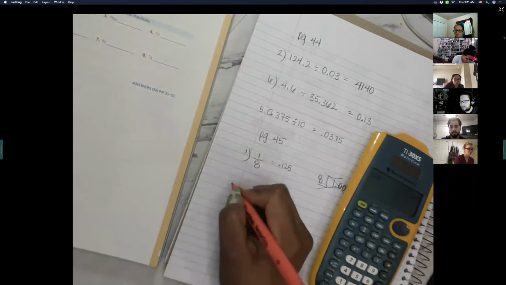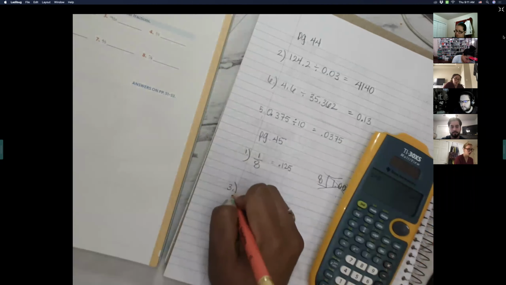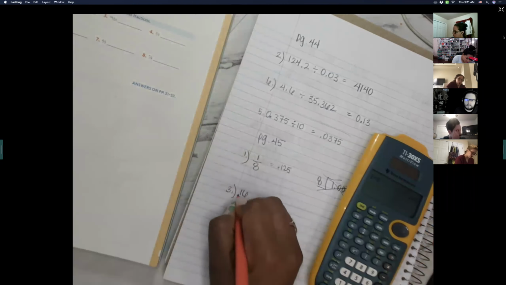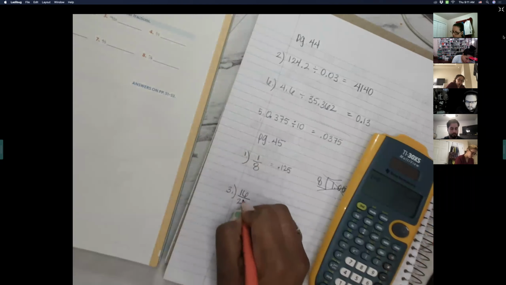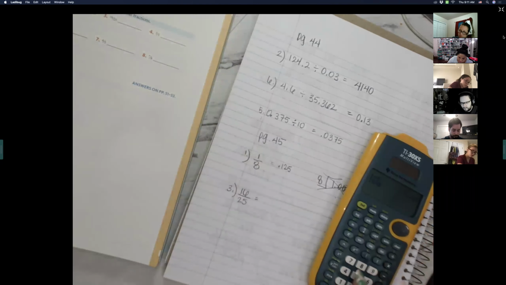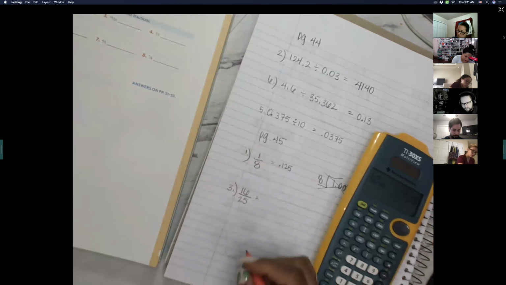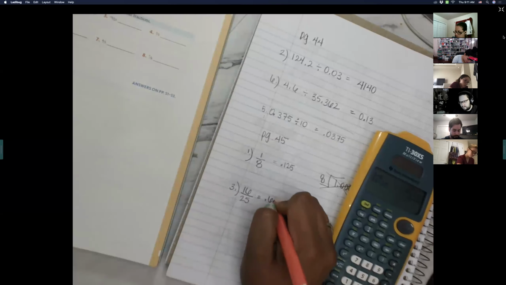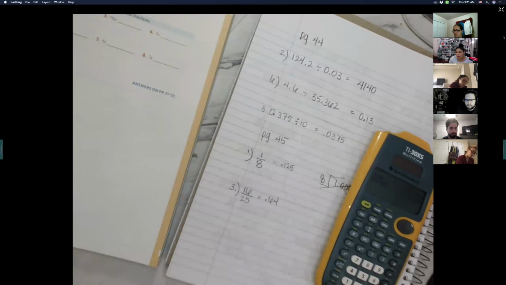The next one is number 3, and it wants us to convert 16/25 into decimal. Go. 0.64. Cool. Did everybody get that? Yes. Okay.